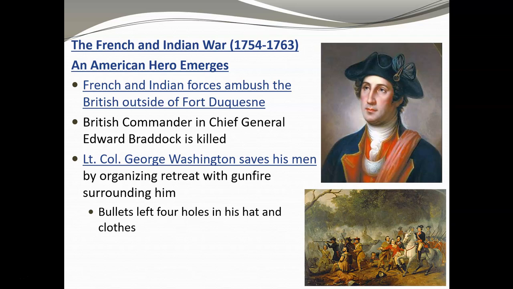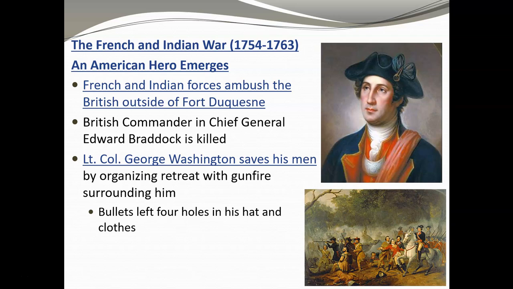Forces ambushed him outside of a British fort, Fort Duquesne, and his chief general is killed. And so George Washington is forced to retreat his men and ends up saving his men by organizing them behind him in some way, and retreated, and none of them died, and he did not die.